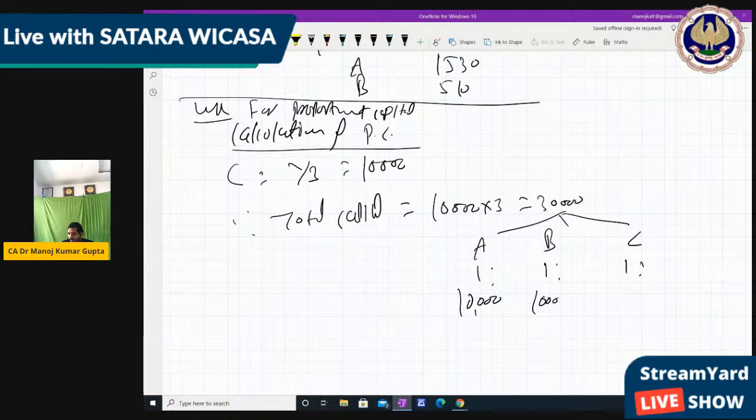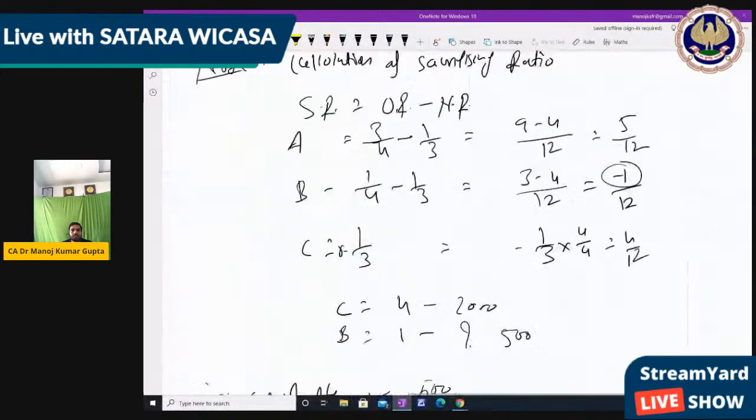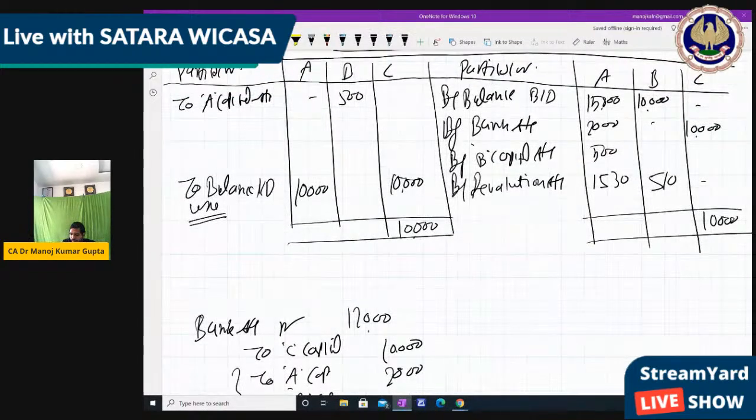So 10,000, 10,000, 10,000. Is it clear? So 10,000 each we will get as balance. So first we write balance 10,000. Then whatever balance remains, because this is not the actual balance, this is the calculated balance, that will be transferred to cash or bank.